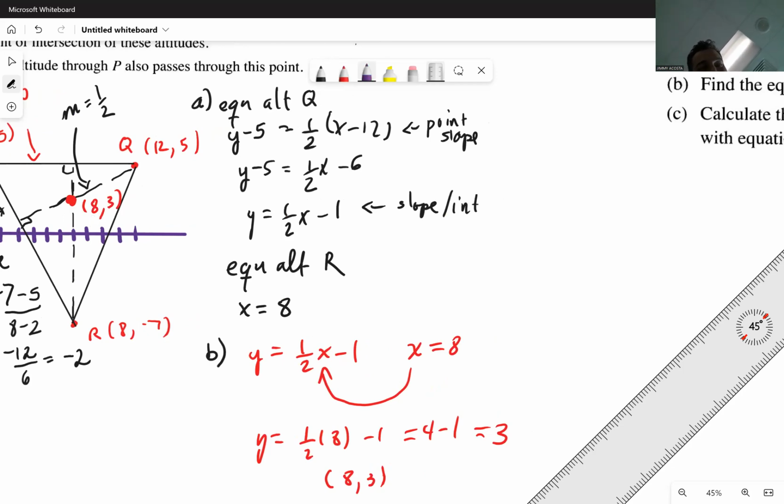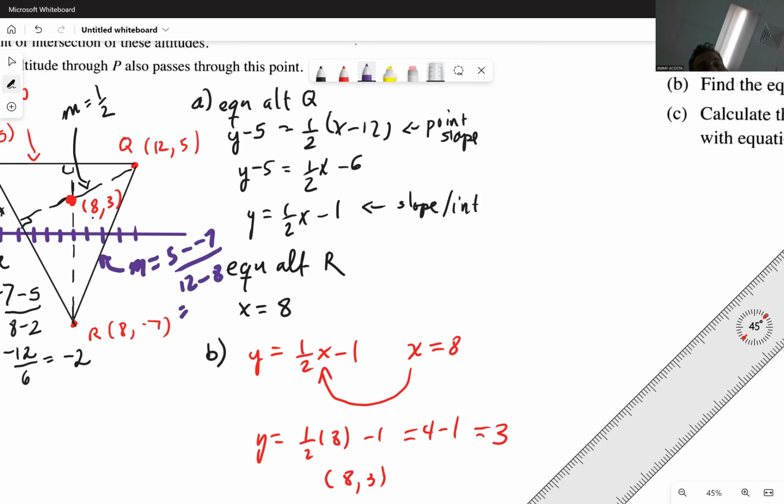All right, so here's M. What's the slope to QR? It's 5 minus -7 divided by 12 minus 8.